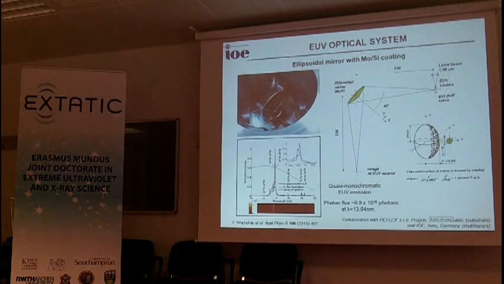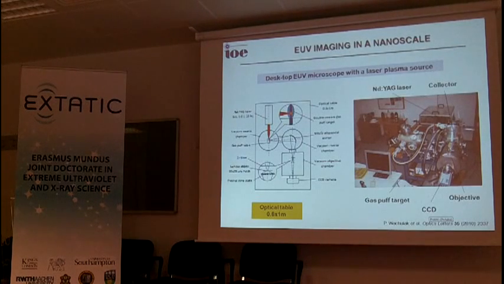So it is a quasi-monochromatic line, which is acceptable for this imaging using a Fresnel plate. The source was characterized carefully by Przemek, and these results are published in this article. And the schematic of this microscope is here. So you see a very small optical table, half a meter by 1 meter, very small, very compact.